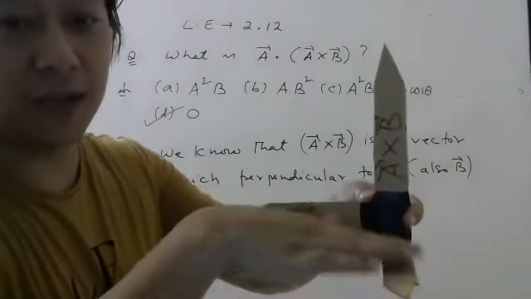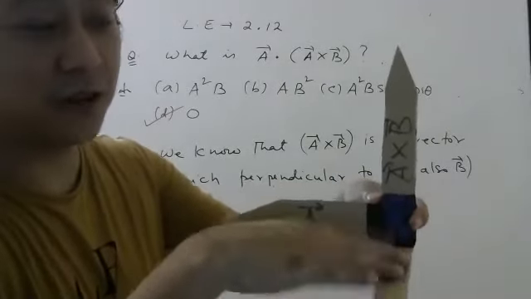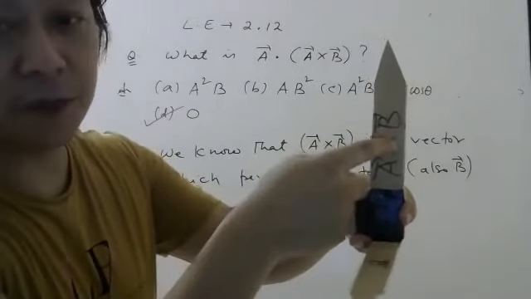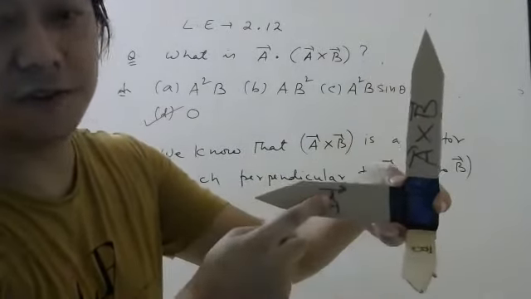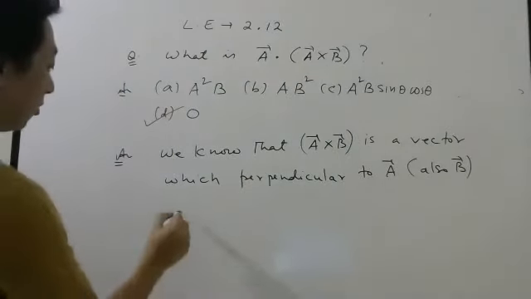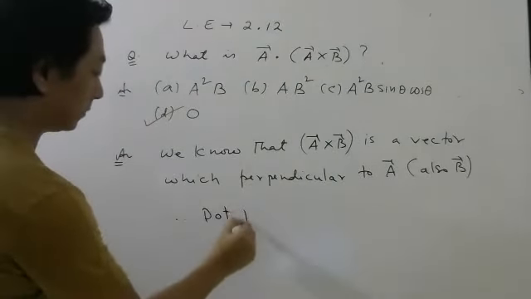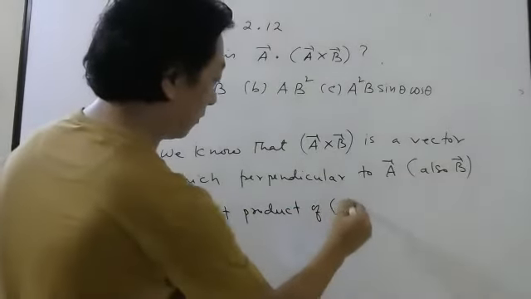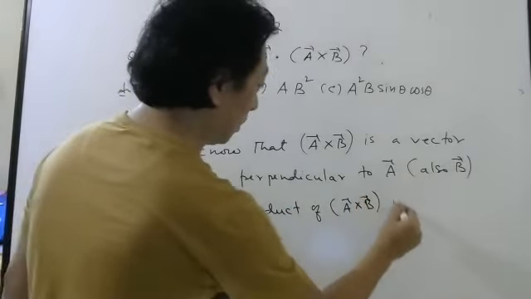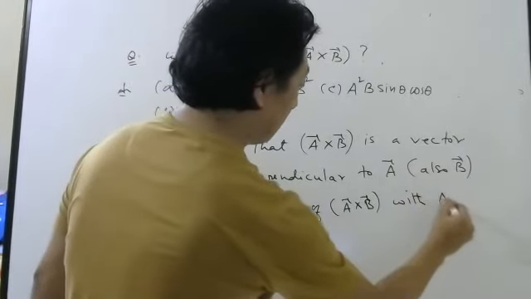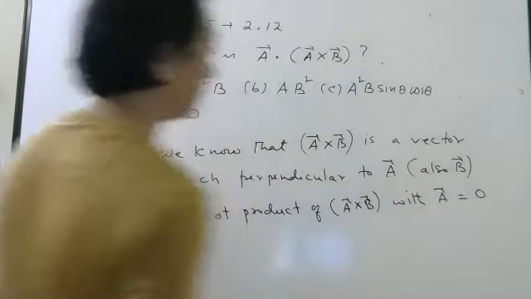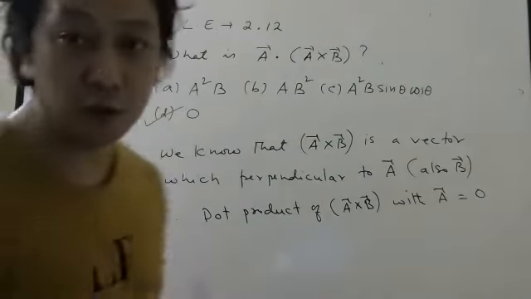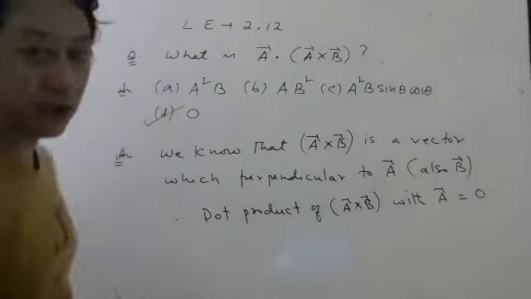So if this is the plane containing A bar and B bar, your cross product is perpendicular to that plane. That means it is perpendicular to this also, and this also. So therefore, the dot product of A bar cross B bar with A bar must be 0. So this is the answer. For 2 marks, you write this. For 1 mark, write 0. And you will not get 0.